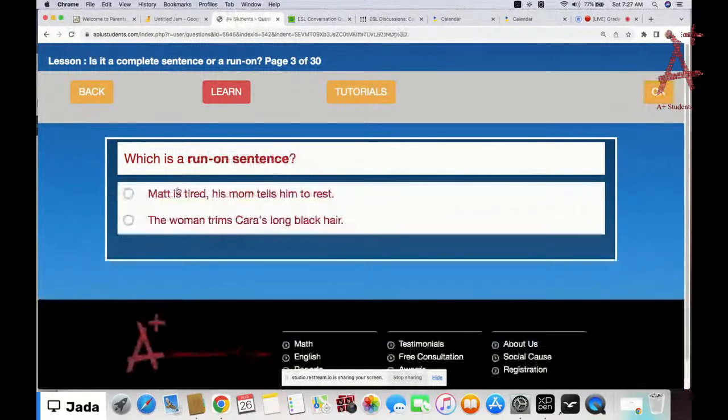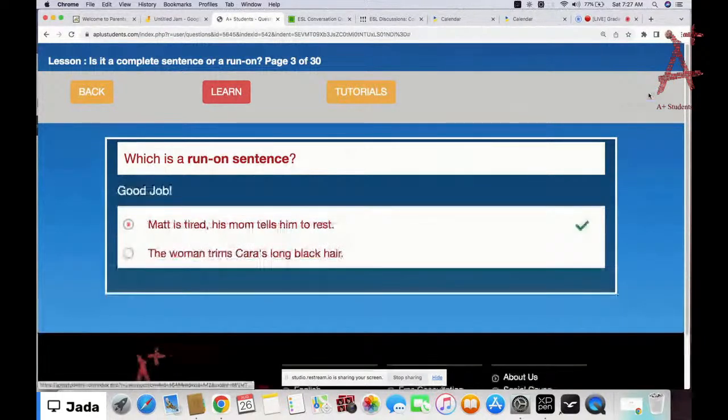All right, so which is a run-on sentence? Matt is tired. His mom tells him to rest. The woman trims Kara's long black hair. Now, this is a complete sentence. Matt is tired. His mom tells him to rest. This is a run-on. Okay?